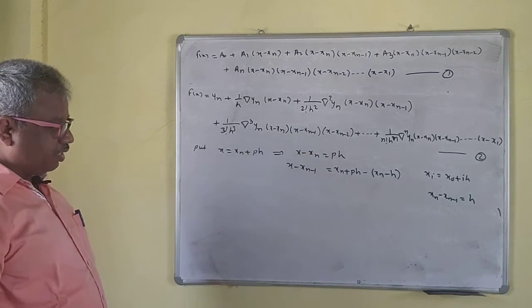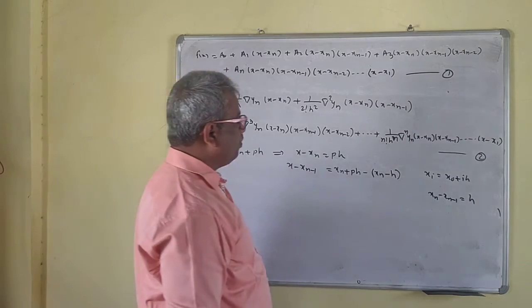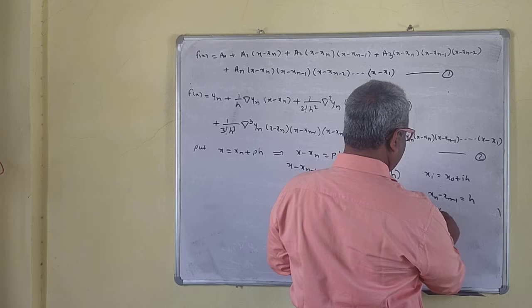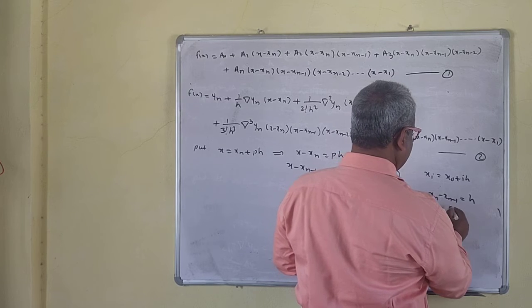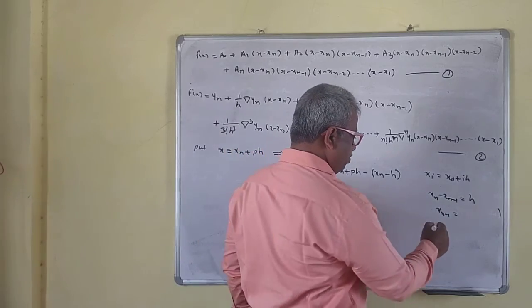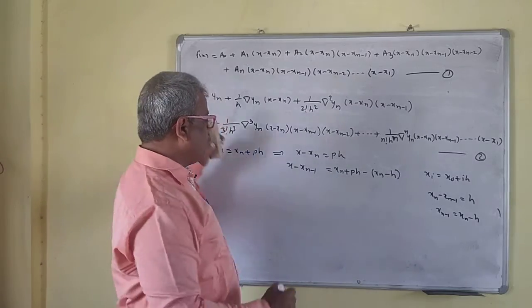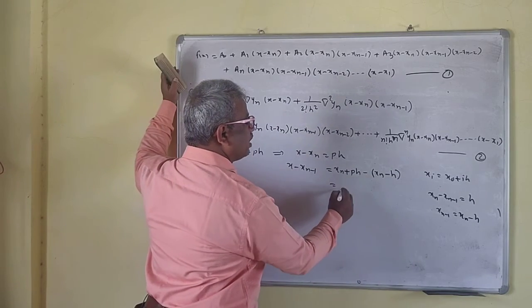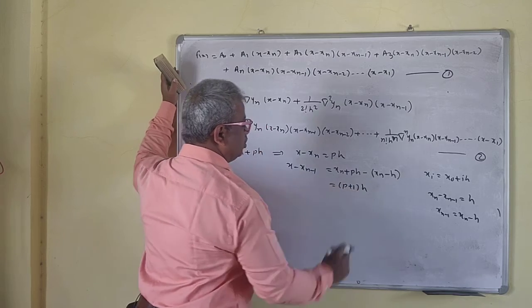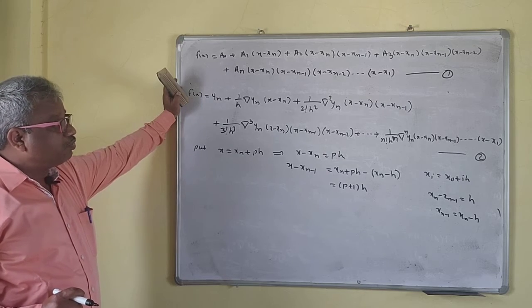So that means xn minus 1 is the same as xn minus h, shifted here. Then xn gets cancelled, so minus becomes plus. So this is p plus 1 times h. So your x minus xn minus 1 will be p plus 1 times h.